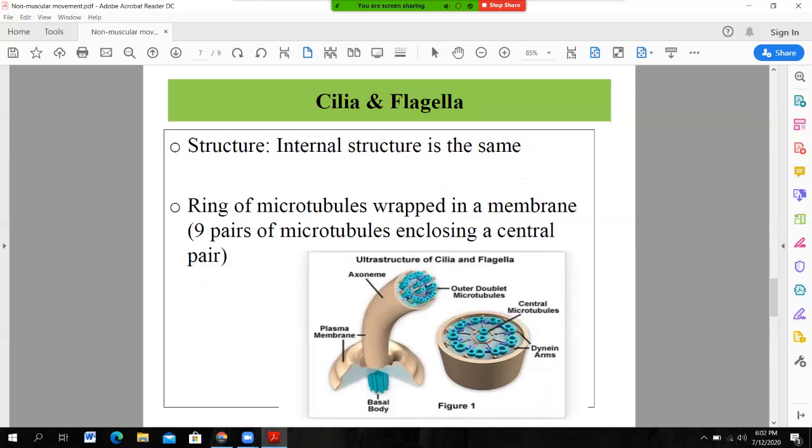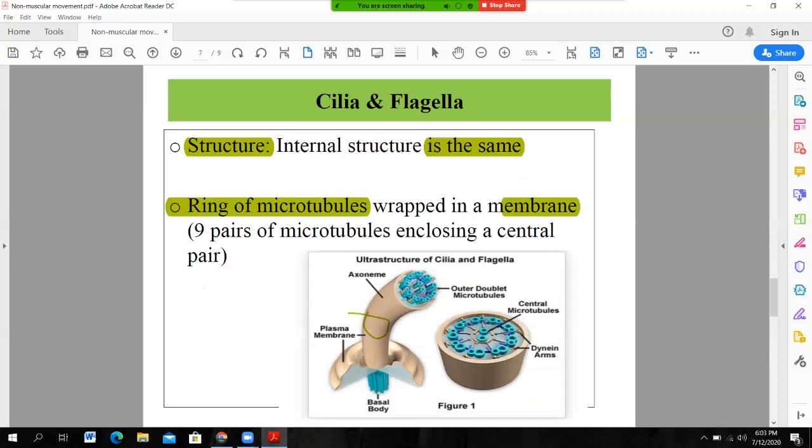As far as the structure of cilia and flagella is concerned, the internal structure of both is the same. They consist of a ring of microtubules, enclosed in the plasma membrane.